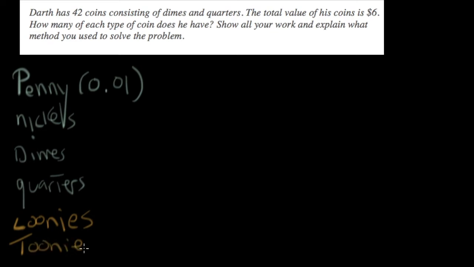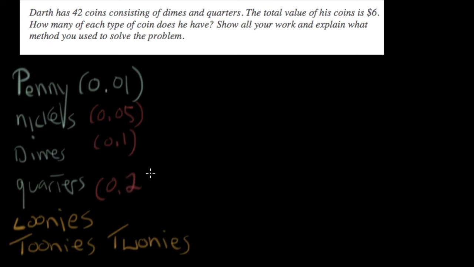I'm not too sure how it's spelled. But the important thing to know is as decimals what they actually are. So a nickel is 0.05, a dime is 0.1, a quarter is 0.25. A loonie is another word for $1, and a toonie is $2. And this is in Canada.